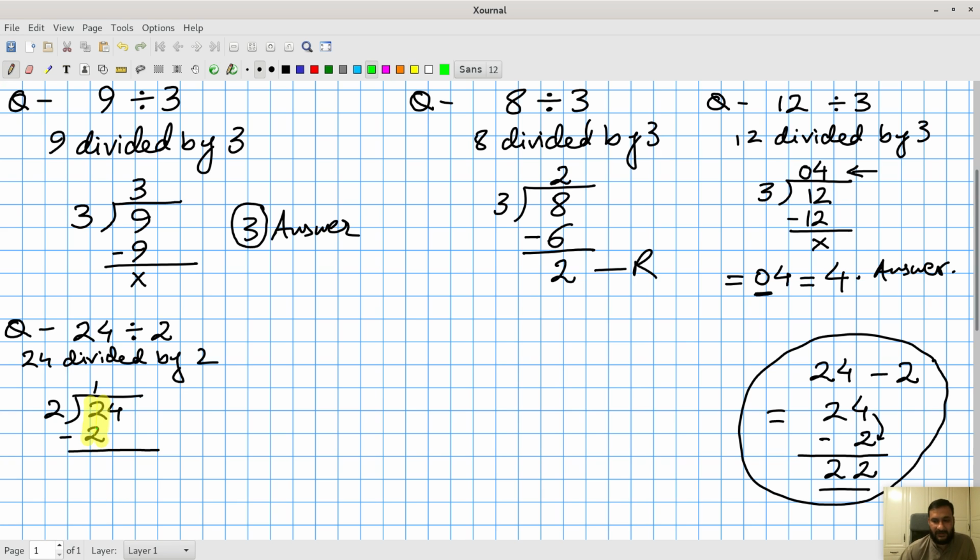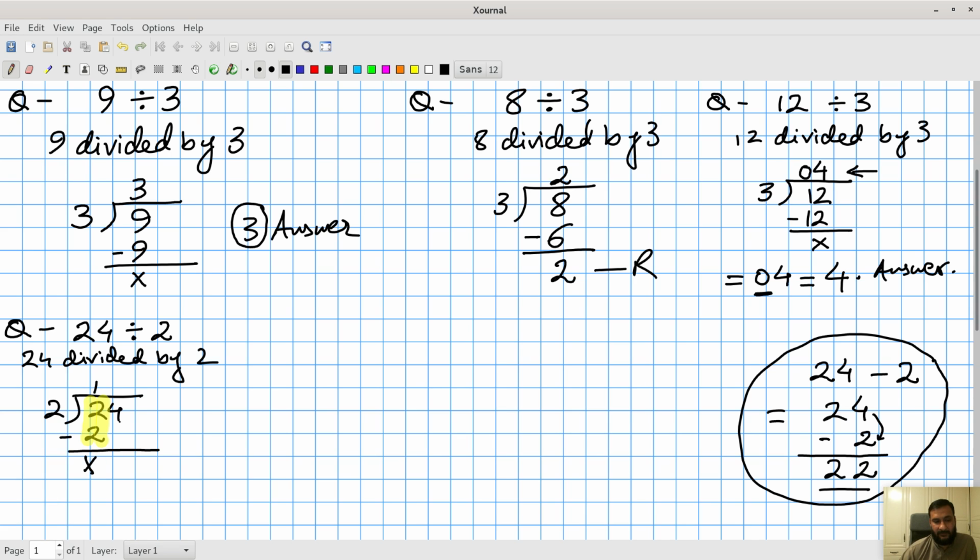So here, this is a special way of subtraction. We are just subtracting 2 minus 2. You must remember that. Don't subtract 24. Don't subtract 2 from 24 here. Subtract only 2 from the digit 2 up, which is present here. So 2 minus 2 is 0. We put a cross here.